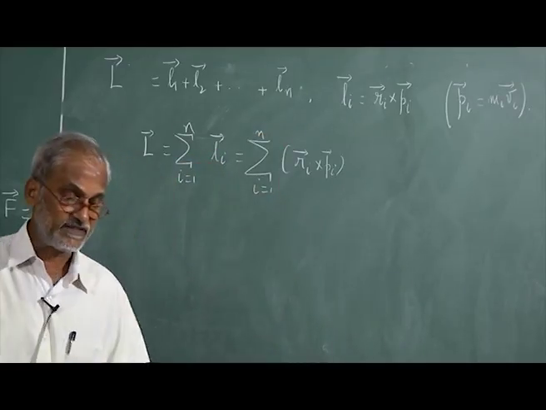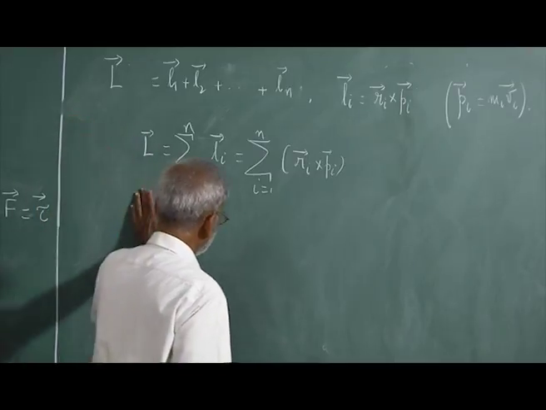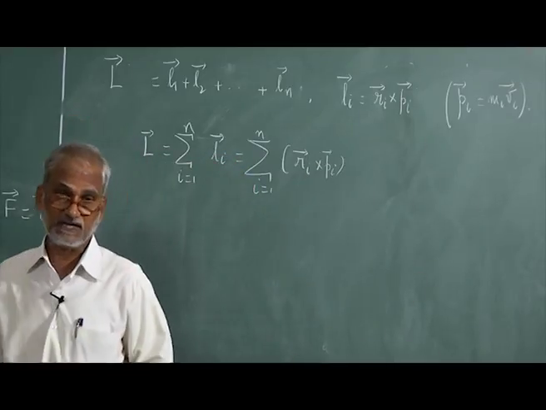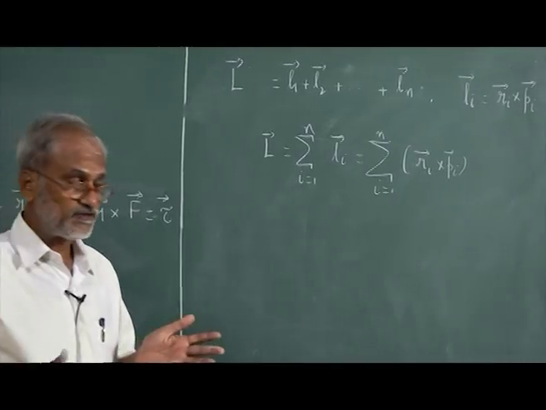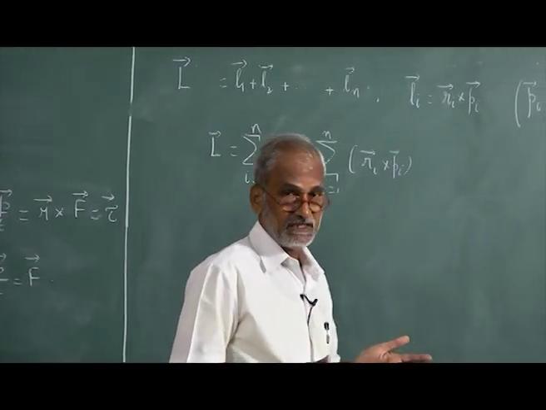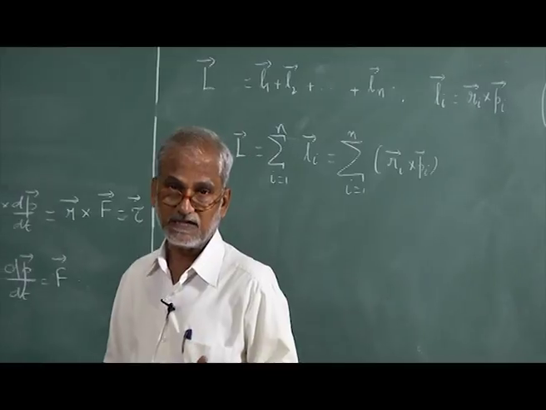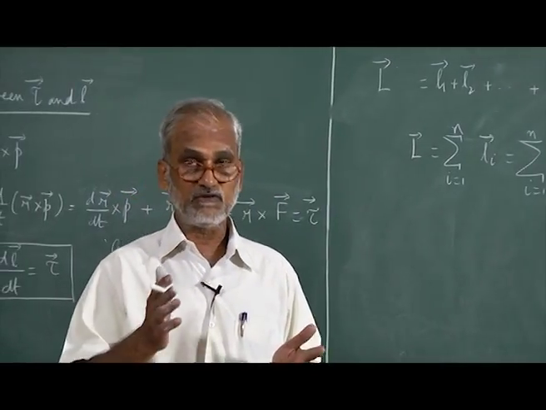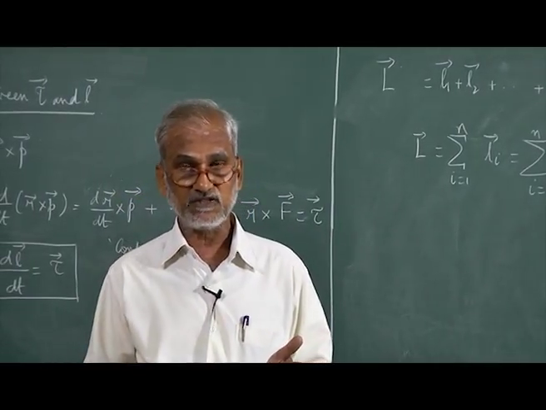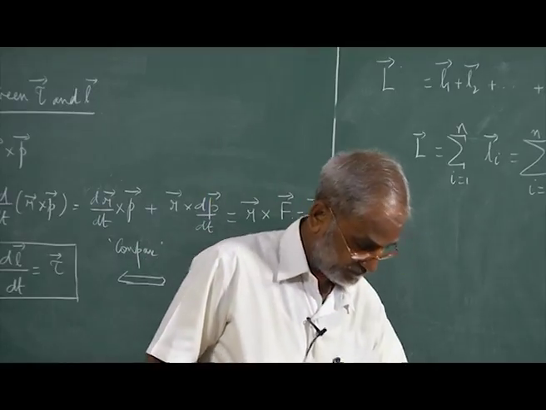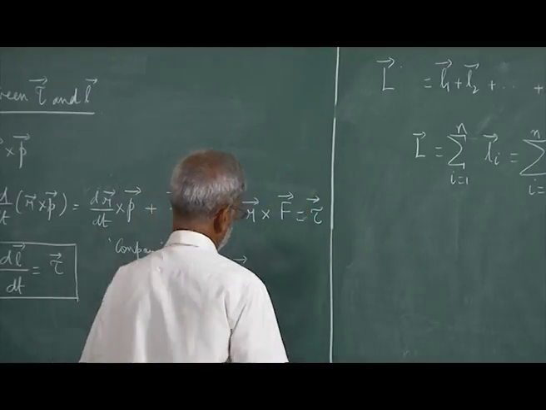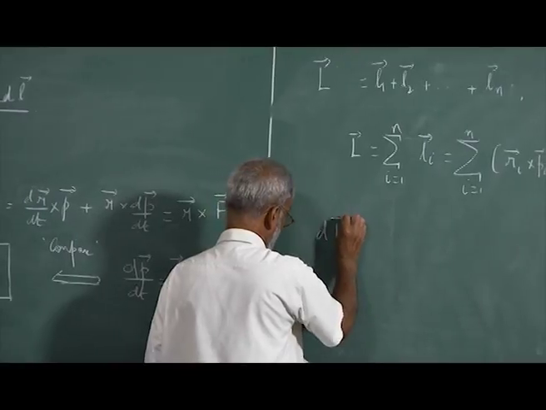This is the definition of angular momentum of a system of particles. How is it justified? L is a vector quantity and vectors you can add, just like on a particular particle force F1 acts, F2 acts, F3 acts, you can add all of them. And now we will talk about what is dL by dt of this quantity.